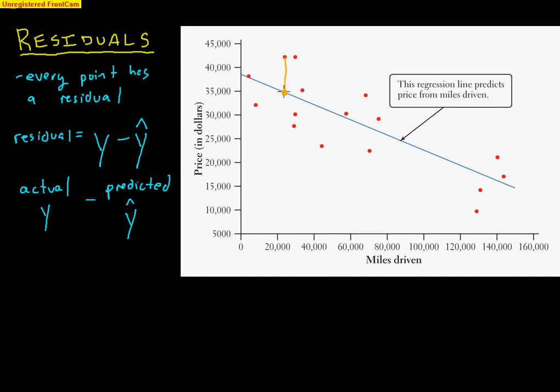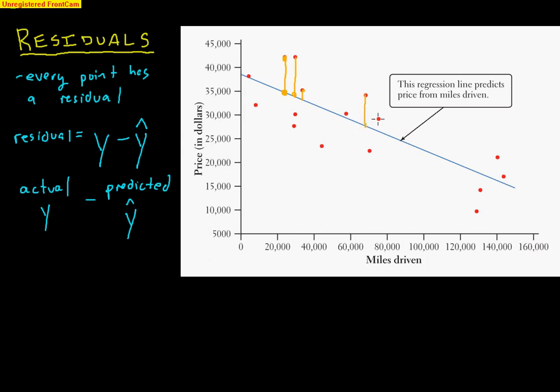So the line is what's predicted, the point is what's actual. That distance is your residual. So some residuals are positive because the distance between the point and the predicted line is positive, meaning it's above. If I take the actual cost minus the predicted cost, since the actual cost is higher, I'm going to get a positive number.